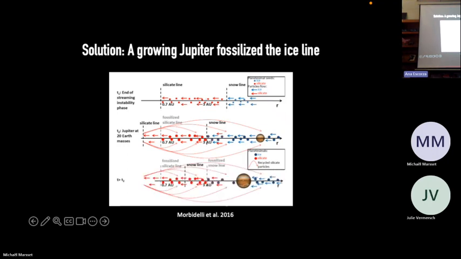Then the planet carves a gap in the protoplanetary disk, or more specifically, it creates a pressure bump outwards of its orbit that effectively stops the migration of pebbles towards the inner solar system. And so the present-day composition of the inner solar system would reflect the location of the snow line, not where it was when the gas dissipated, but when Jupiter reached this critical mass that allowed it to carve the gap in the protoplanetary disk.